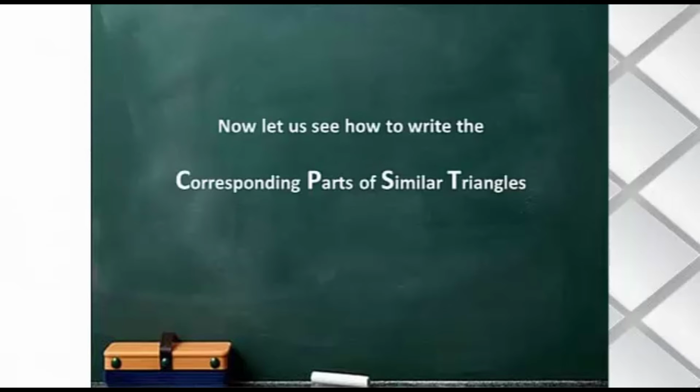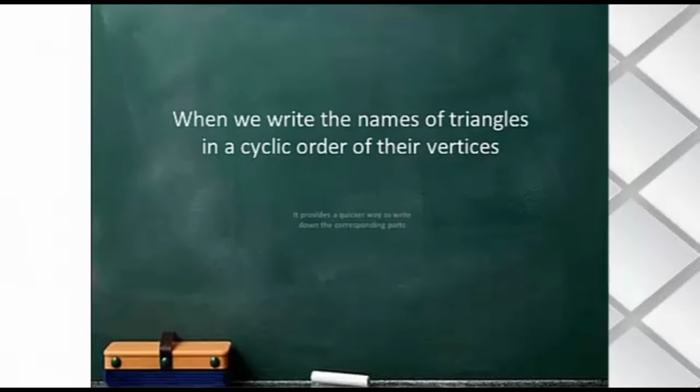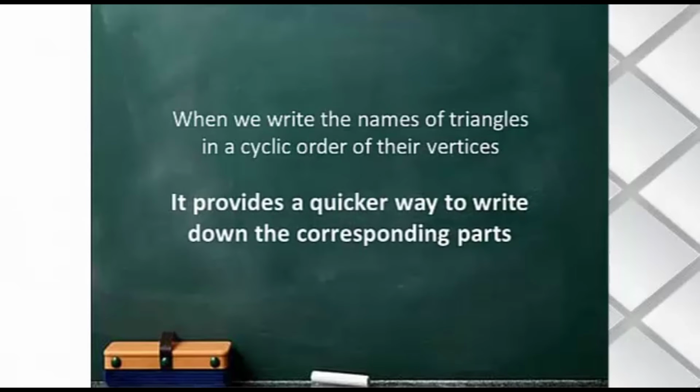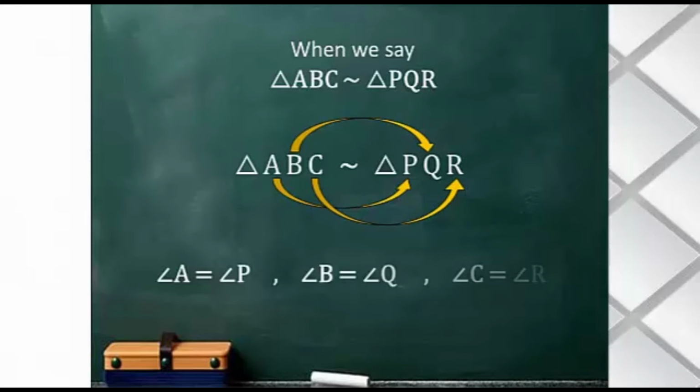Now let us see how to write the corresponding parts of similar triangles. Writing the name of the triangles in a cyclic order provides a quicker way to write down the corresponding parts. When we say triangle ABC similar to triangle PQR, A corresponds to P, B corresponds to Q, and C corresponds to R. Thus angles A, B and C become equal to angles P, Q and R respectively.